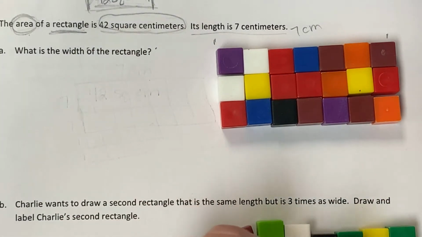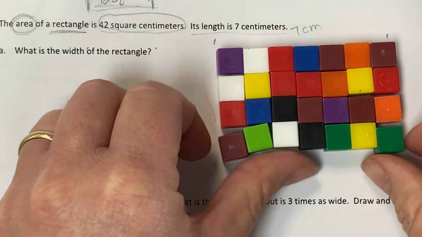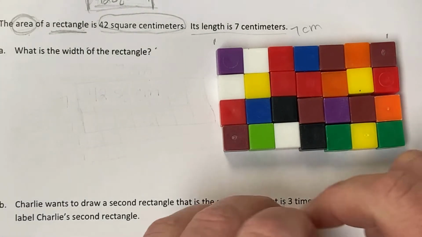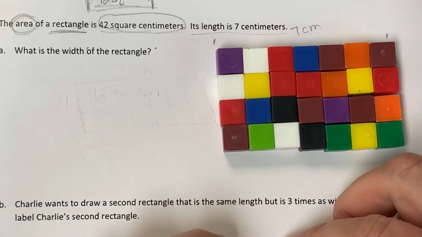1, 2, 3, 4, 5, 6, 7. All right. So now I have 7, 14, 21, 28. I have 28. But I need 42 square centimeters. So here's another row of 7.